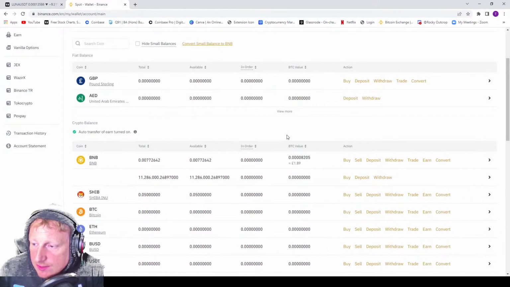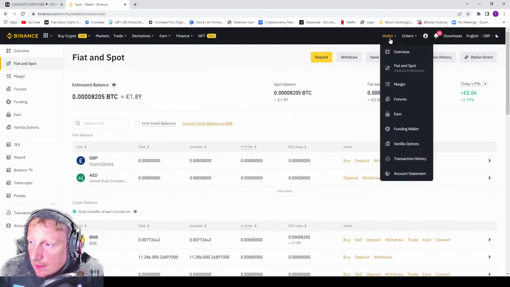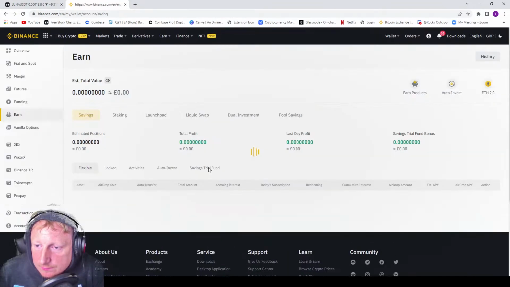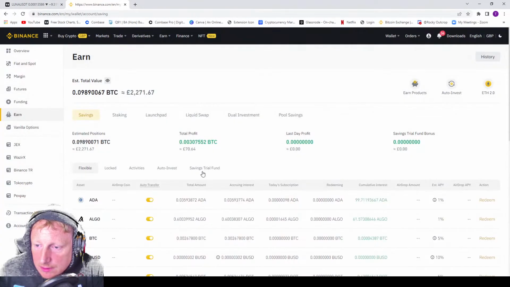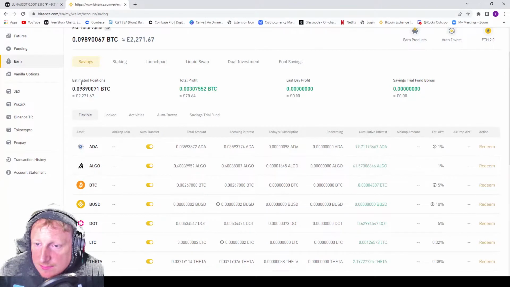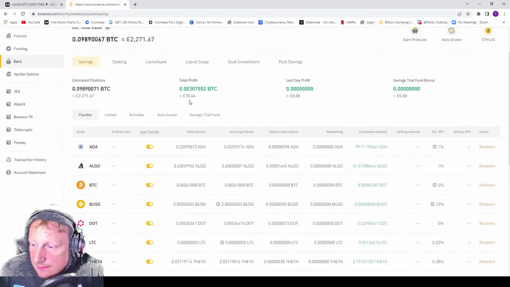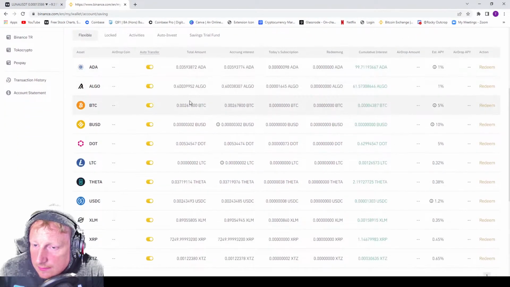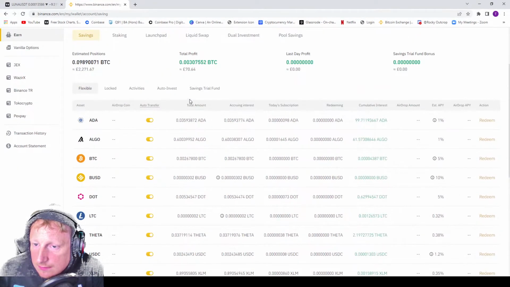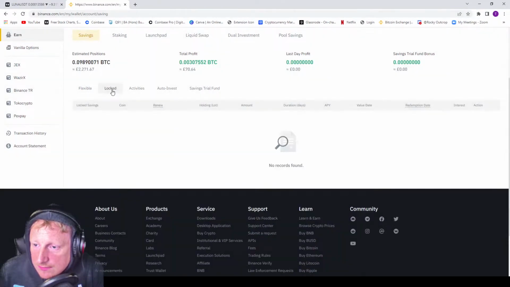You can see that in my own wallet, my balance is made up really of a little bit of Bitcoin and my locked savings.